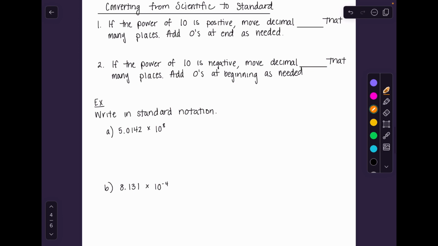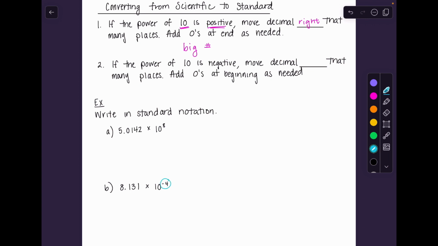So here, if the power of 10 is positive, so positive on the 10 indicates this should be a big number, which means like here, in this case, you have 10 to the 8th, it should be big. I'm going to move the decimal this direction to get a large number. So we're going to move the decimal right that many places and add zeros as we need to.